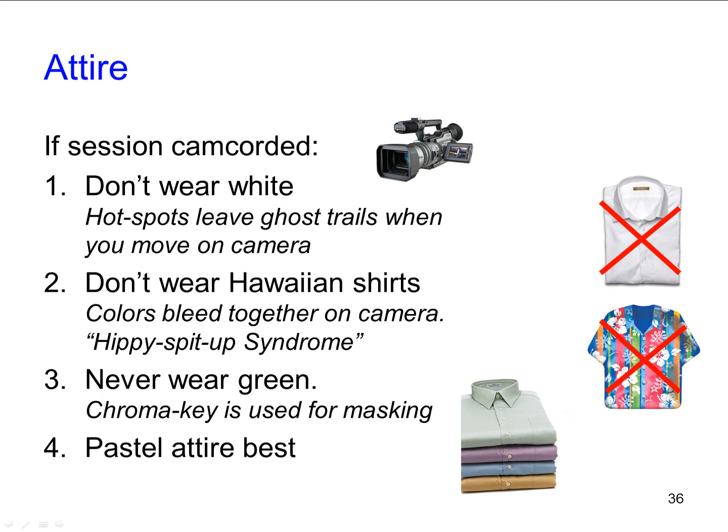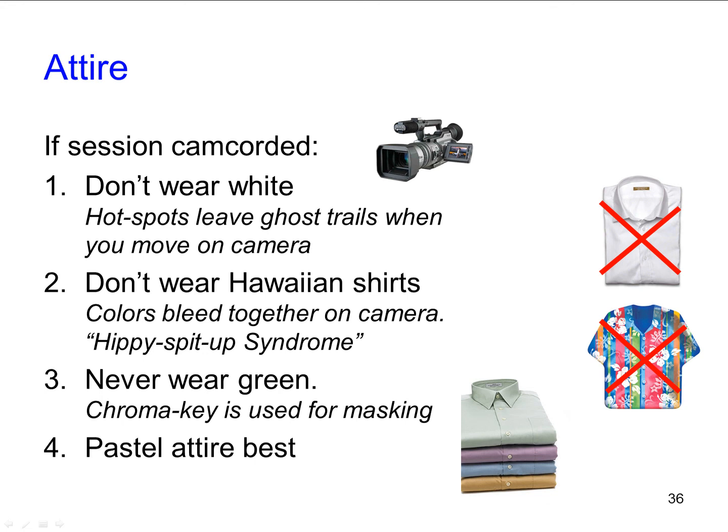Now for a few pointers on attire. The general recommendation is never wear white, especially if your presentation is being recorded. White creates hot spots, and any motions on your part may cause ghosting in the recorded image. Hawaiian shirts of the Tom Selleck variety are also verboten, as the colors tend to bleed in the recording.